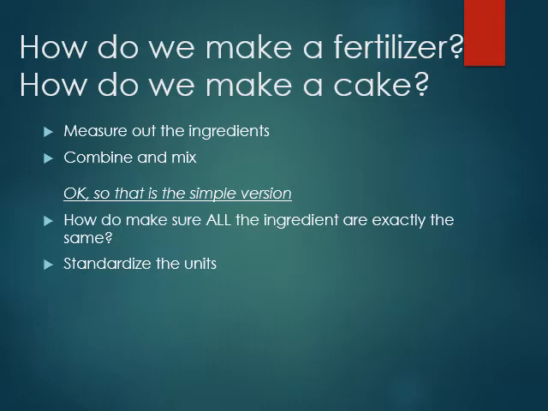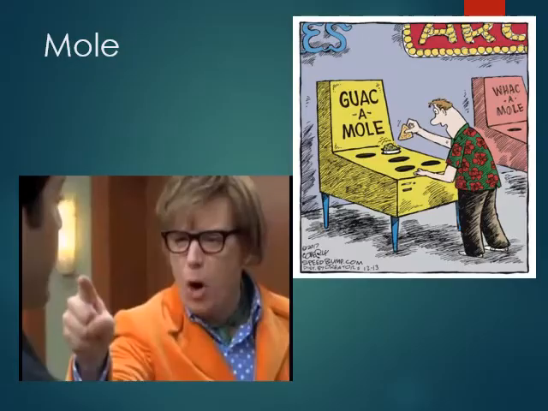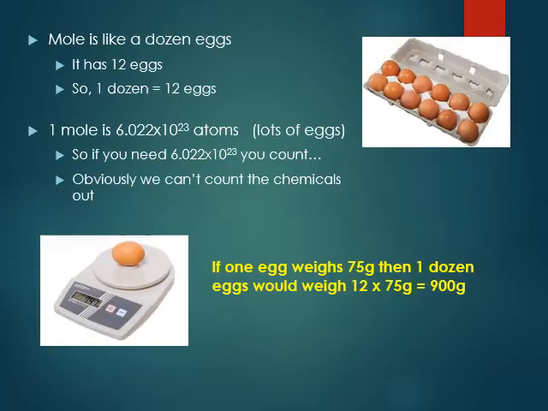And so what we use is what we call standardized units. And the mole is something that maybe not everyone has heard of if you didn't do any chemistry in high school. No, not the mole on your face, and not guacamole, but a mole is a unit of atoms.